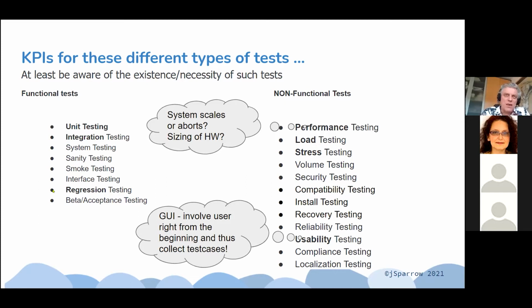So I'm not giving real KPIs, but rather some recommendations of what to do. If you're doing something with usability testing, which in other words says that the application or the user interface is accepted by the user, there's a very, very easy hint or suggestion. Involve the user right from the beginning, absolutely, totally from the beginning, while developing and while designing the user interface.